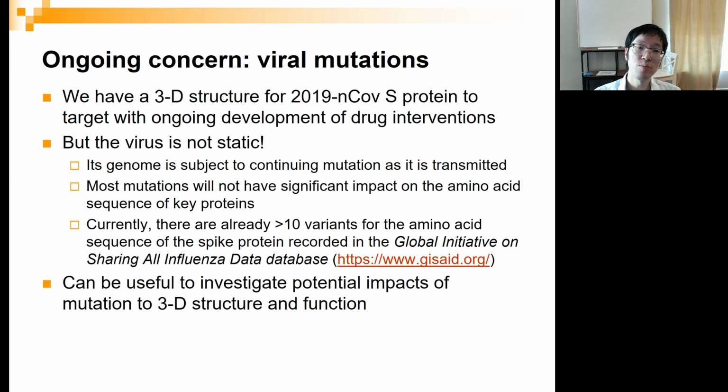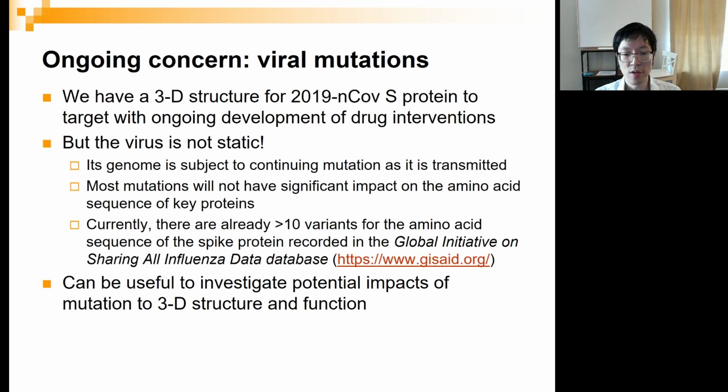Most such mutations will not have a significant impact on the amino acid sequence of, say, the key proteins that allow the virus to attack hosts. But it is worth pointing out that there's already at least 10 variants in the amino acid sequence seen for the spike protein itself in the database.